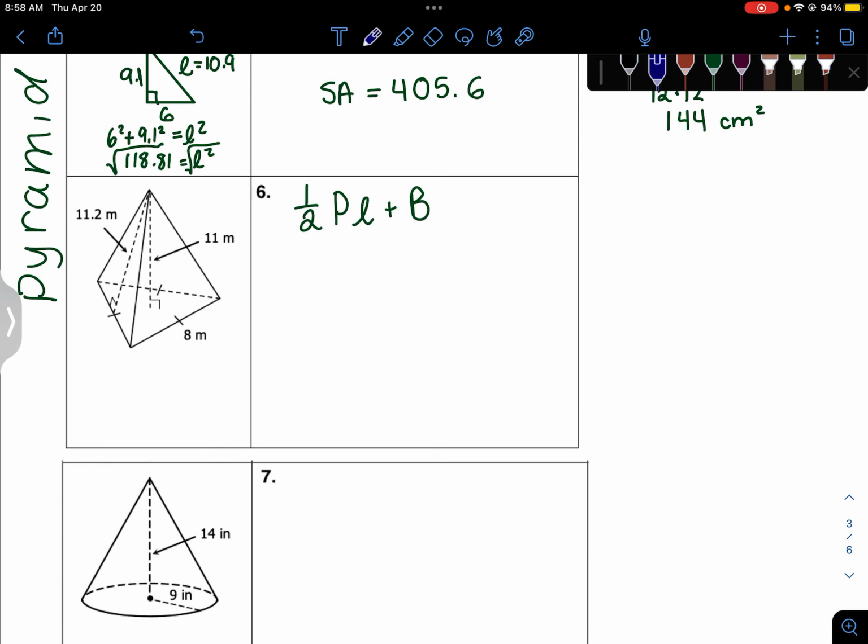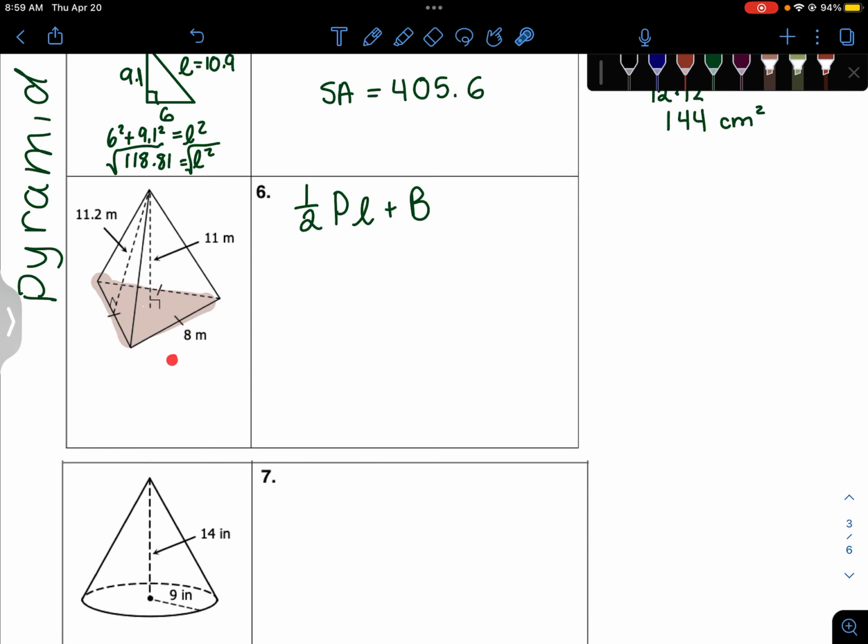So, we always approach these problems by identifying what shape is our base. And so our base is a triangle. In fact, we should be able to see that it is an equilateral triangle. And so all the sides of my triangle are 8 meters long.